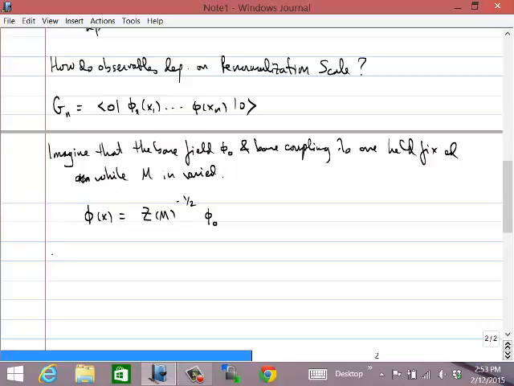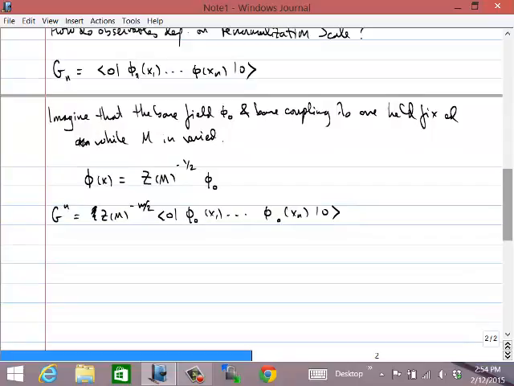And so that means that Gn is just given by n powers of this wave function renormalization times the analogous free field correlator of the bare fields. And so if we want to understand the dependence of the observables on a renormalization scale, then what we really need to do is think about the dependence of this wave function renormalization on the renormalization scale.